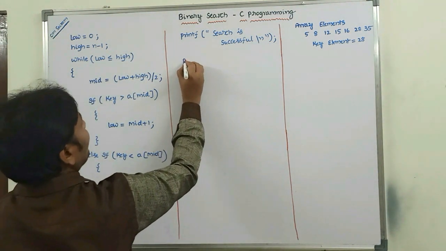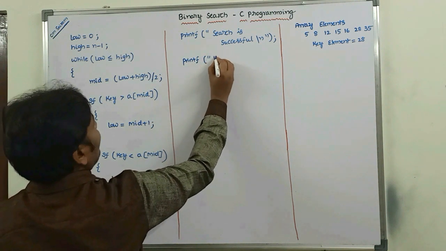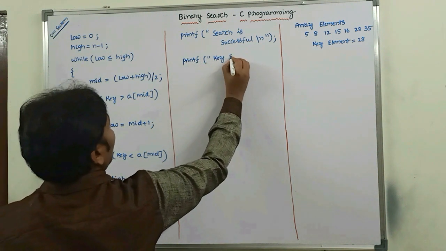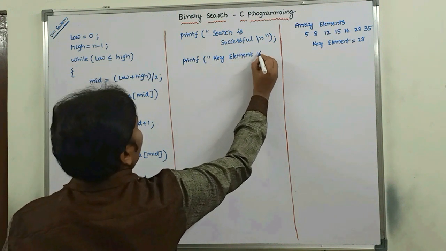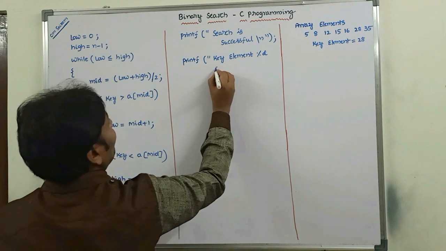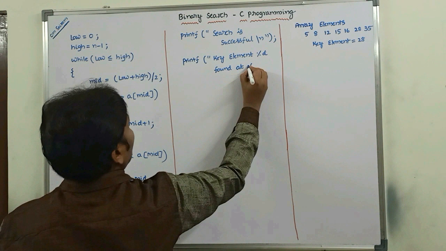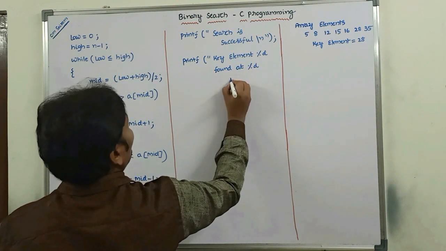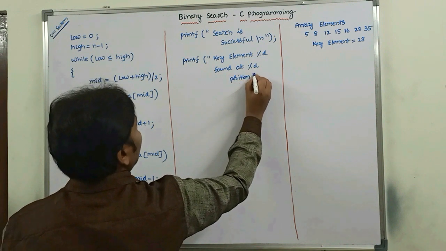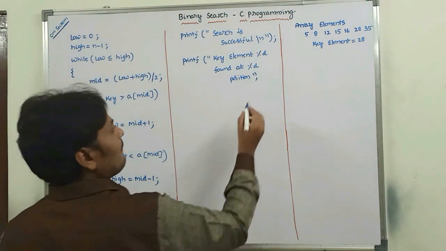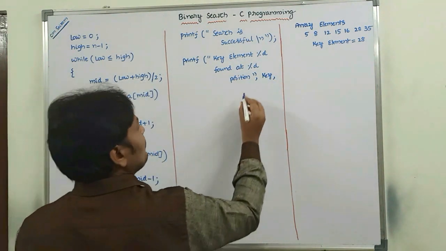Next, printf("key element %d found at %d position"). So the first %d represents the key value and the second %d represents the mid value.